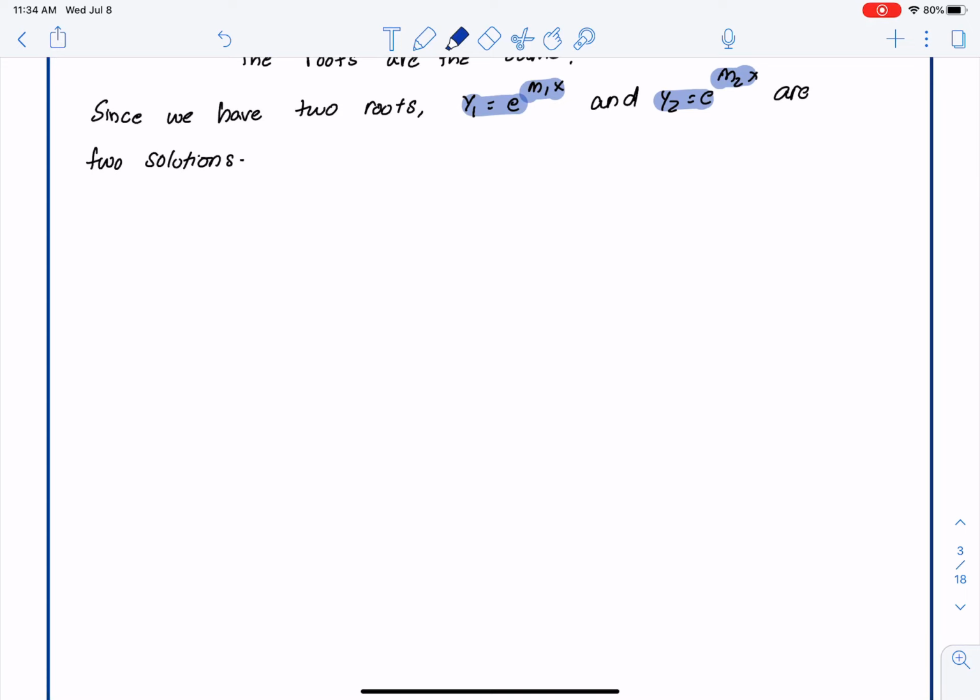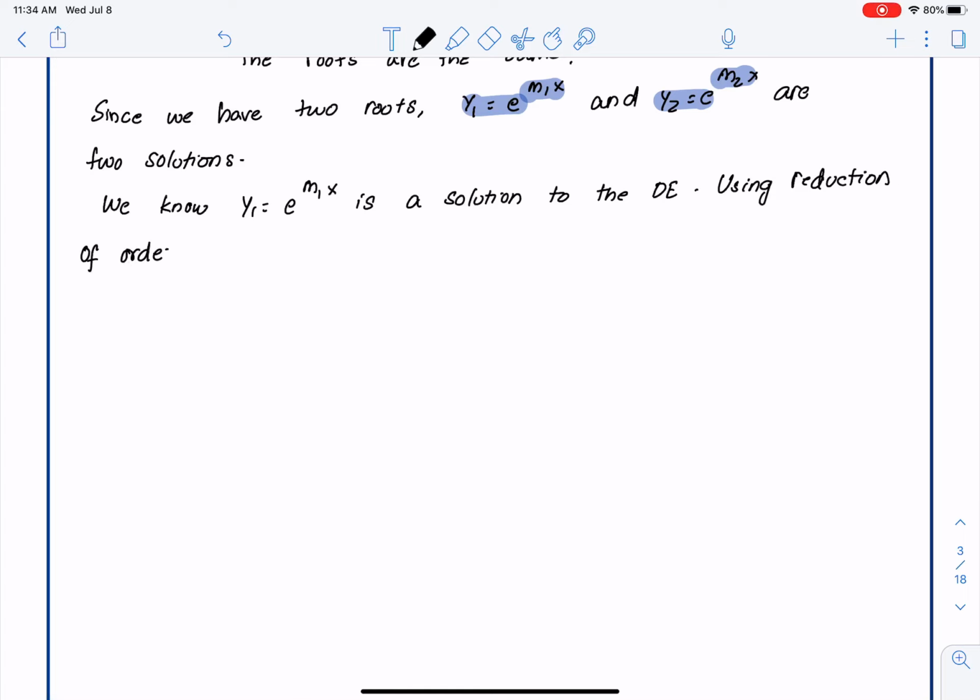So we know for sure that y1 equals e raised m1x is a solution to the DE. Now, using reduction of order, a second solution can be found.